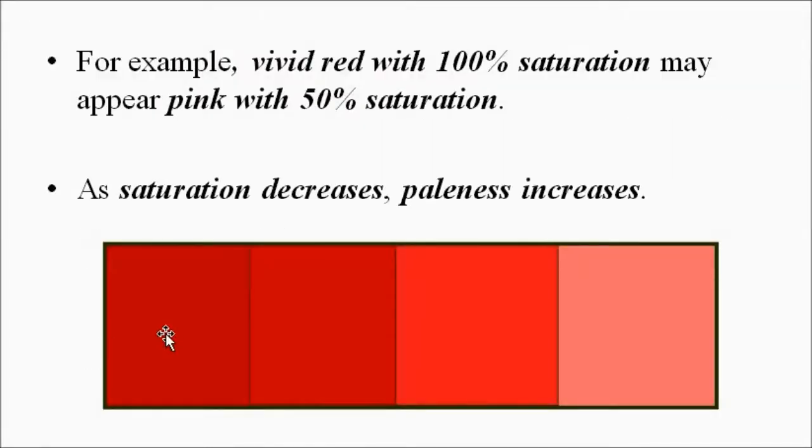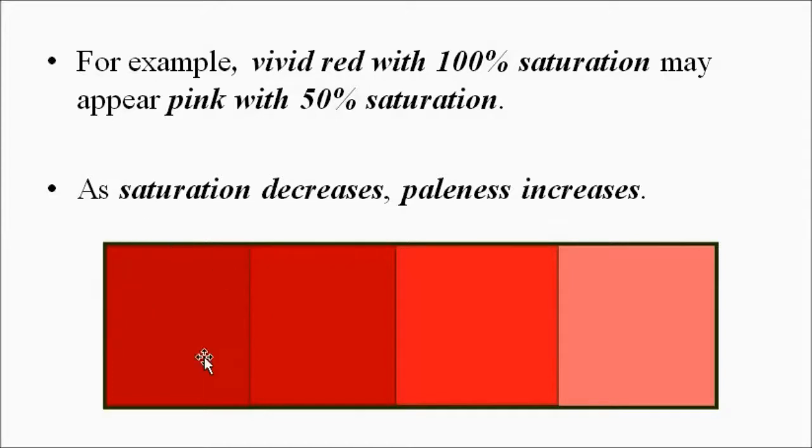Now here, the same thing we can explain in a different way. For example, vivid red, that is red color with no white presence, or 100% saturation, the same color may appear pink with 50% saturation, that is 50% presence of white. The same thing I was discussing while discussing hue.